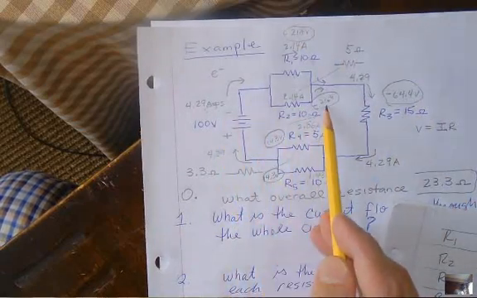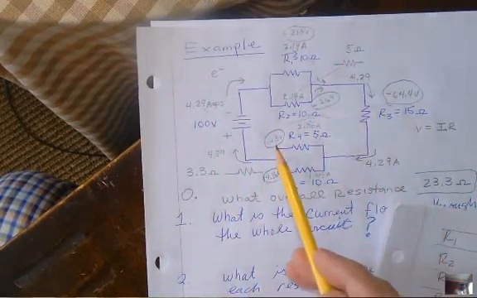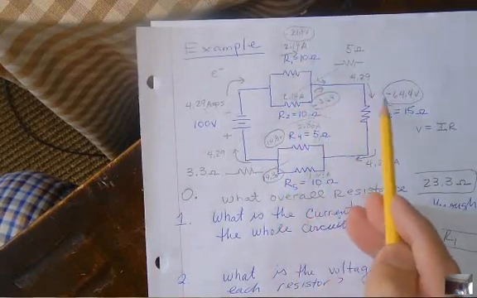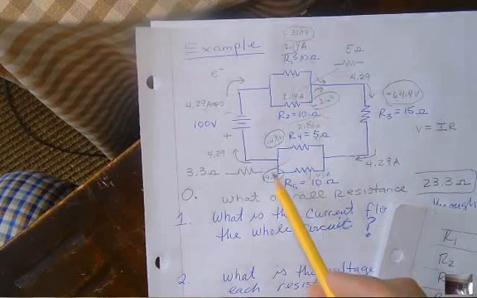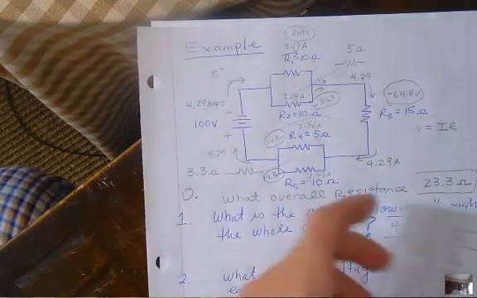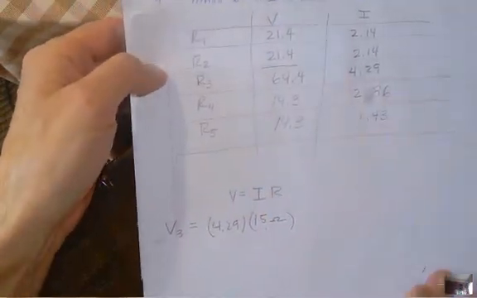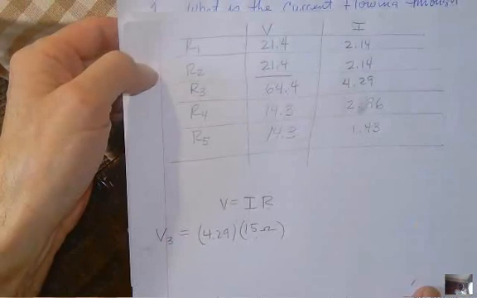Go this way. 21.4, 64.3, 14.3. Any pathway, if you follow it and do the circles, you've got to get to 100. So this is the answer to everything that you could possibly be asked for. See if they make sense to you.